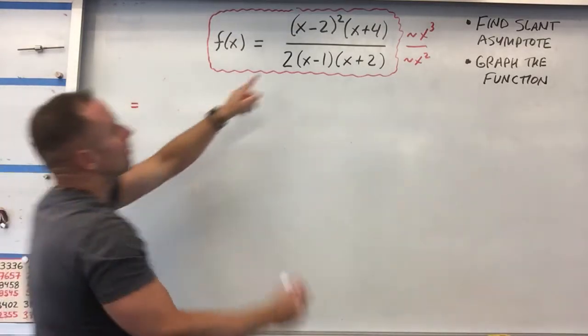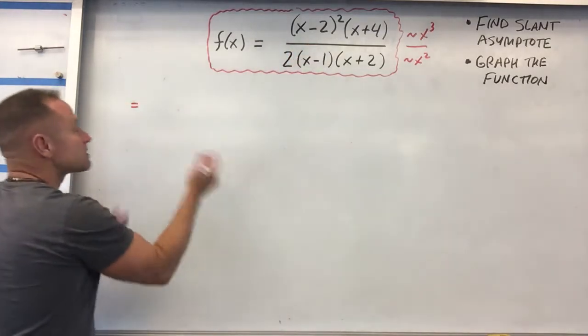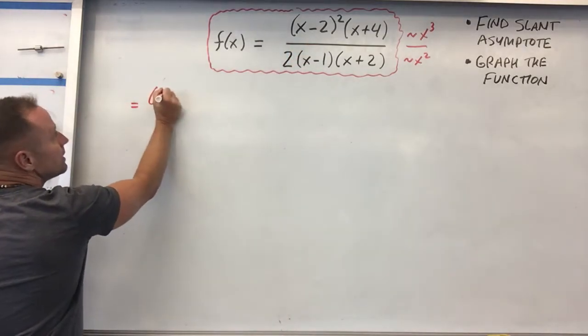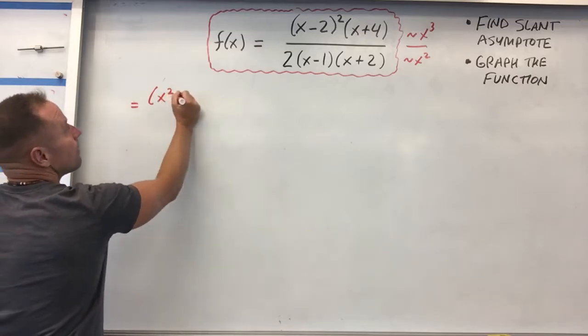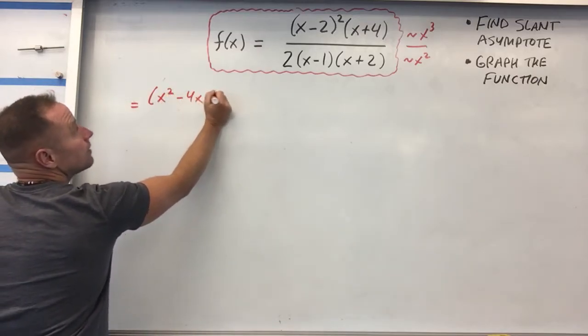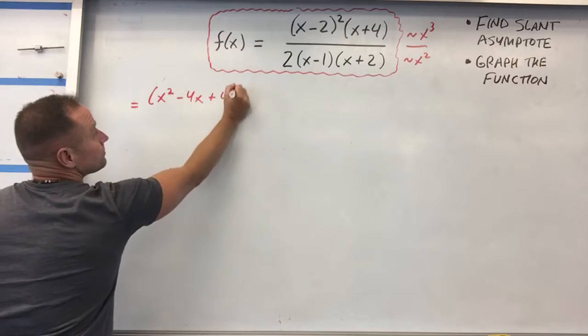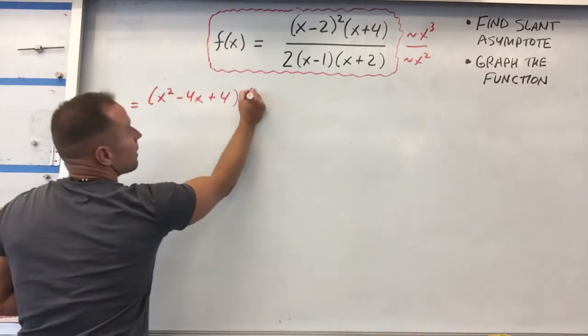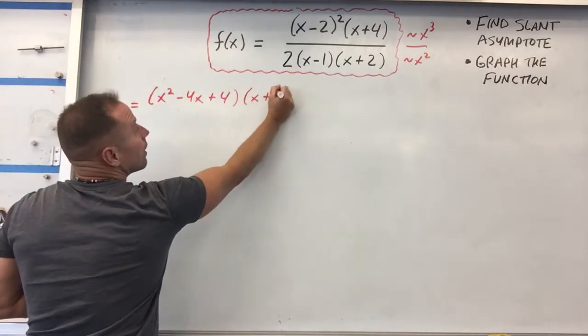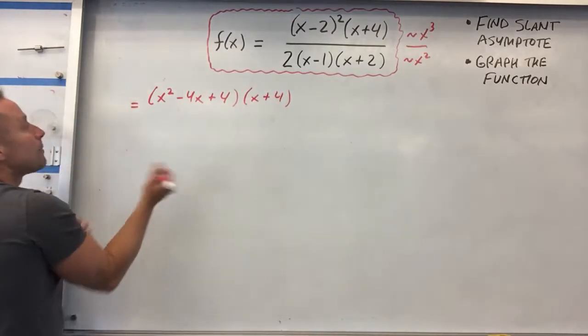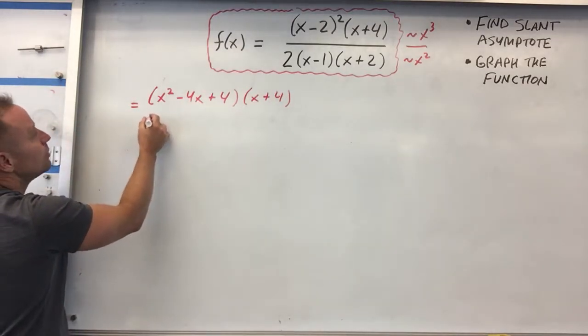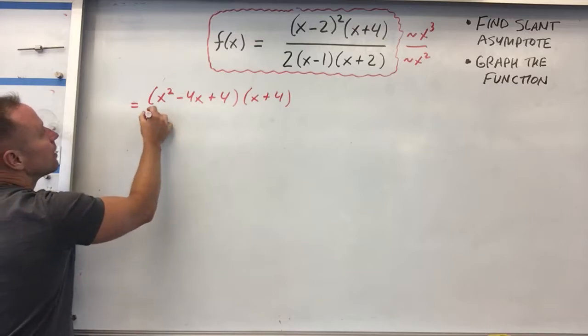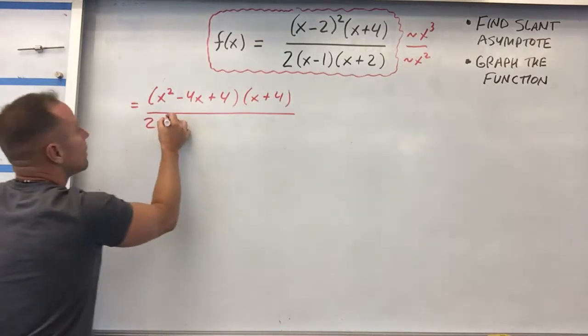So all we're going to do is expand this out. x minus 2 squared just becomes x squared minus 4x plus 4, and then we have to multiply that by x plus 4. In the denominator, we have this 2 sitting here, and then we have to combine these two terms.